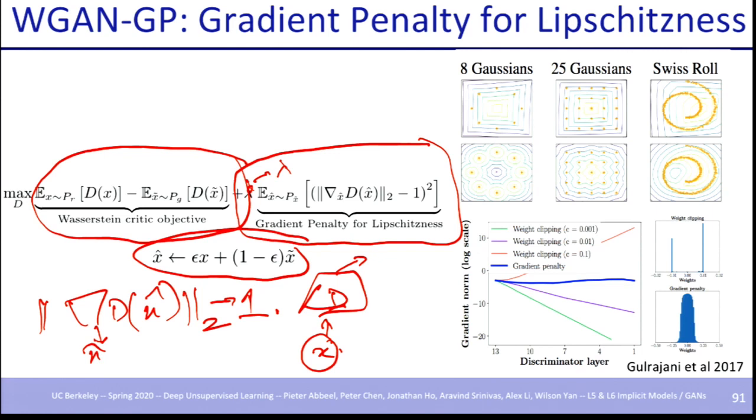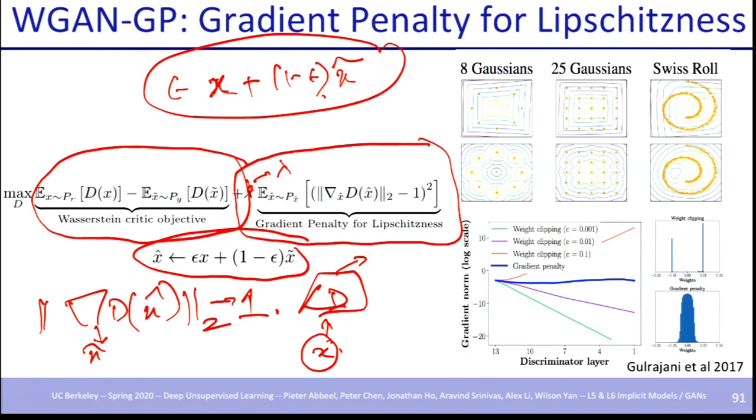But the authors figured out that if you take a mixture, which is, you take a particular generated sample and a particular real data sample and do a convex combination of them, and this is your sampling distribution just for the gradient penalty objective. It's heuristic. It's not really principled or well-motivated, but it is the version that works the best. You could think about it as smoothing the manifold over which the Lipschitzness is enforced, and therefore making the training work much better.